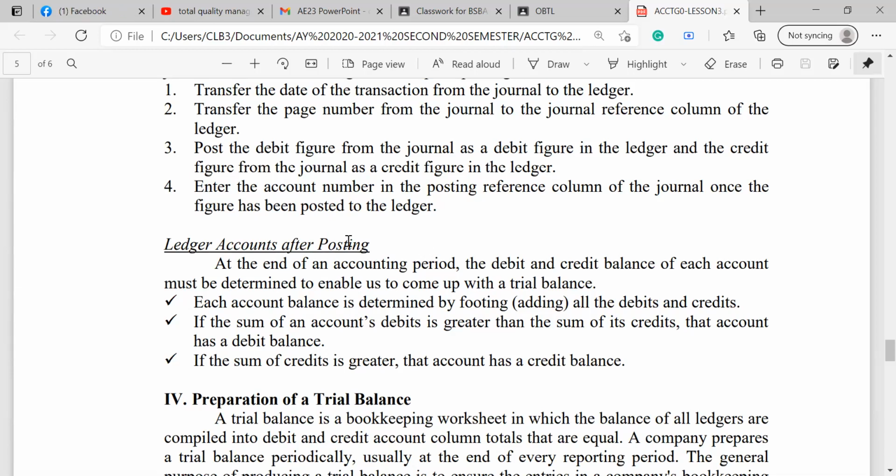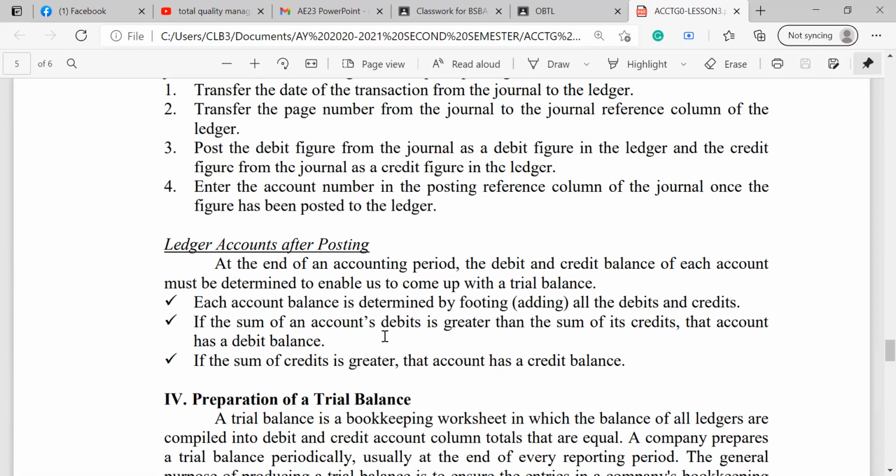So, after ma-post po tayo, anong ginagawa natin sa ledger accounts after posting? Sa end ng accounting period, yung lahat ng debit tsaka yung lahat ng credit i-identify natin. No? So, kukuhain natin yung balance ng bawat accounts. Okay. Paano kinukuha yung balance? Footing tayo. When you say footing, add natin lahat ng debit at saka ng credit. No?